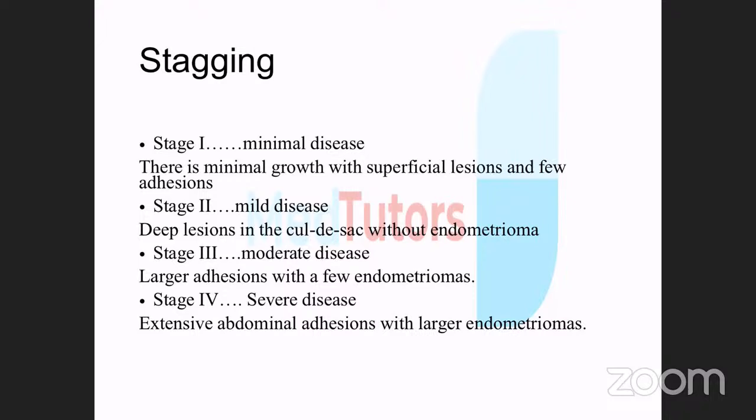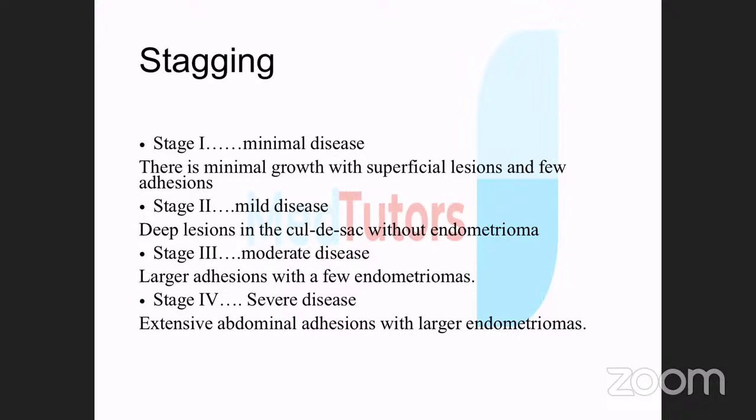Stage 1 is minimal disease, only superficial peritoneal deposits, and there are a few. That's the minimal, stage 1. Stage 2 is mild disease. They have deep lesions in the pouch of Douglas, but no ovarian endometrioma. Stage 3 is moderate disease. There are larger adhesions and one or two ovarian endometrioma.